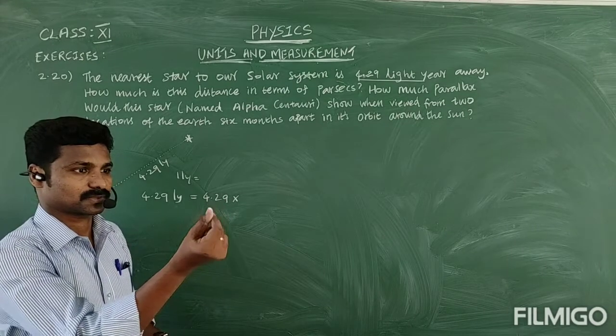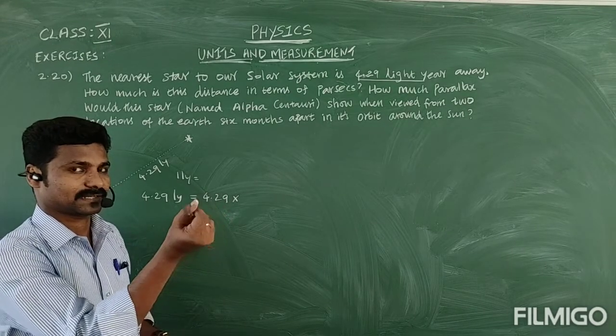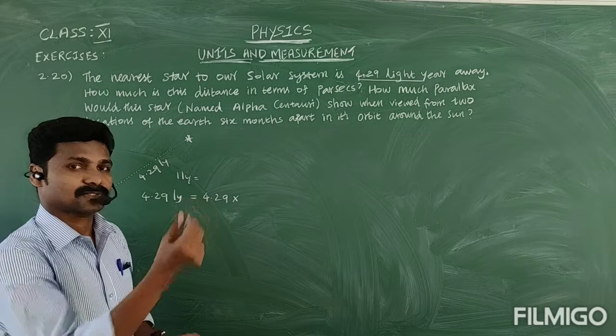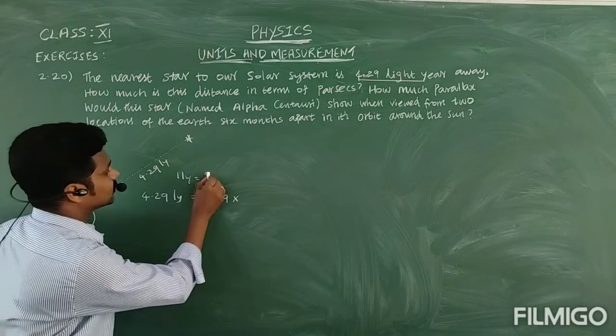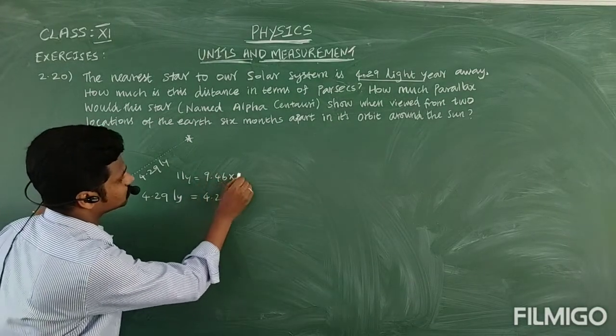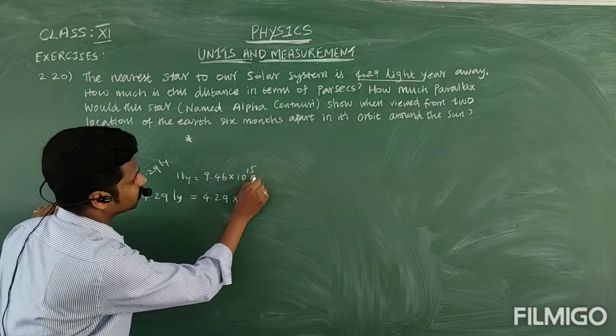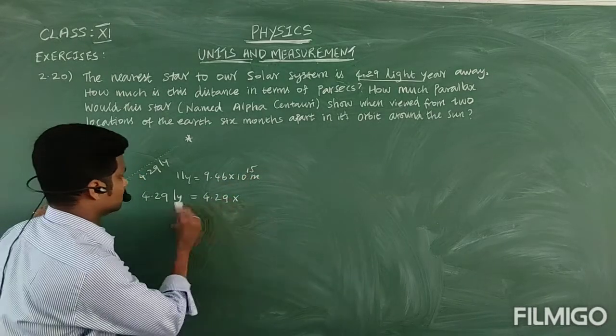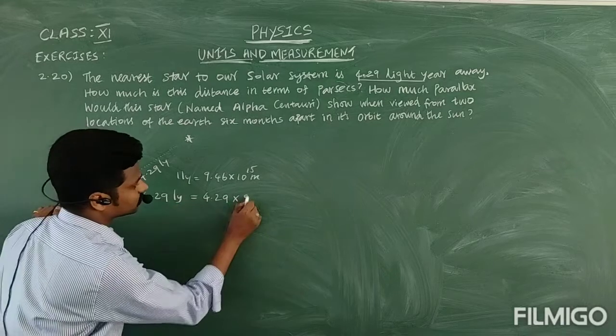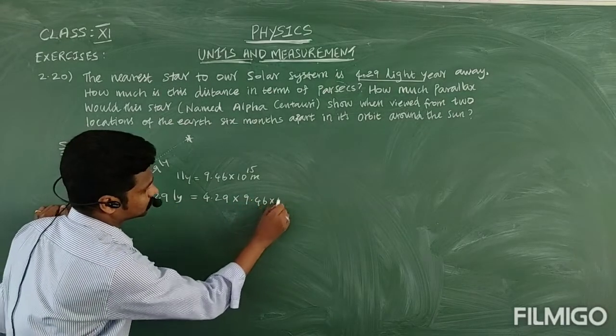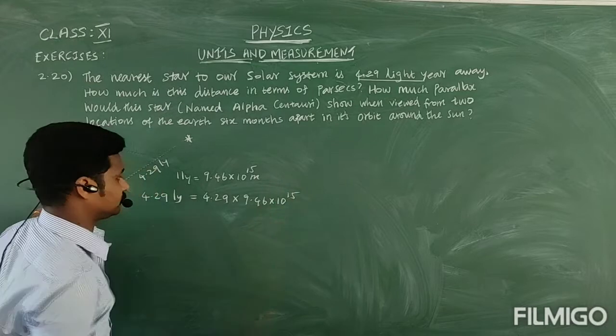Per second it is 3 lakh kilometer, and like that for 1 year, the distance is 9.46 into 10 power 15 meter. So 4.29 into 9.46 into 10 power 15.